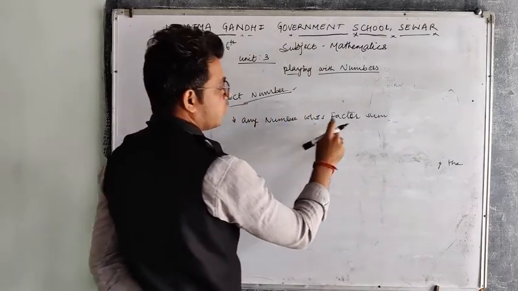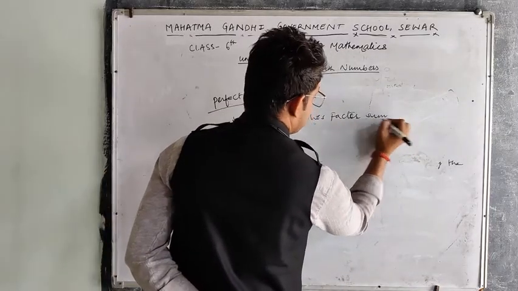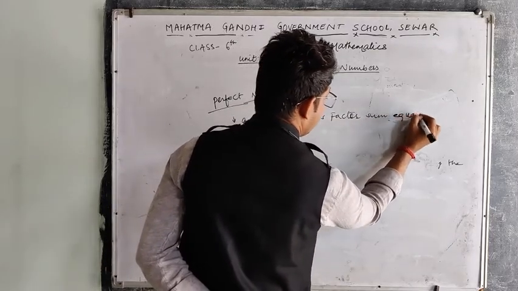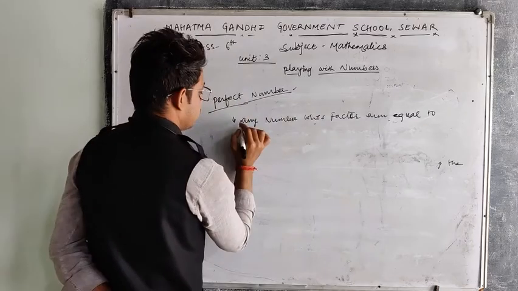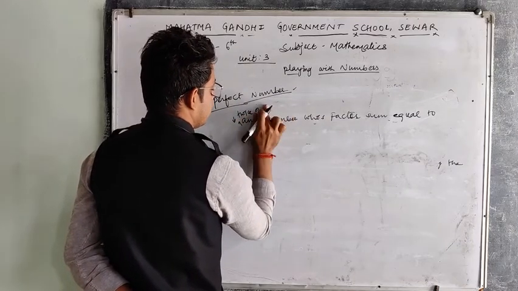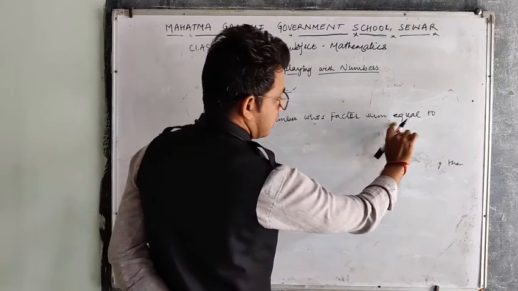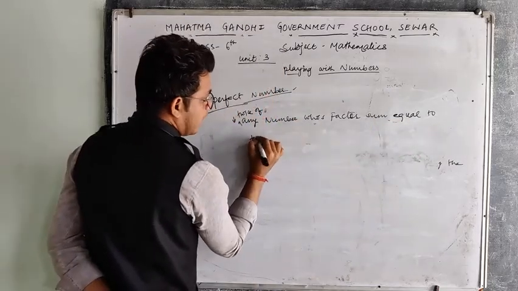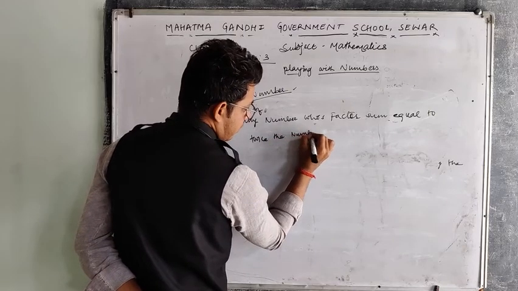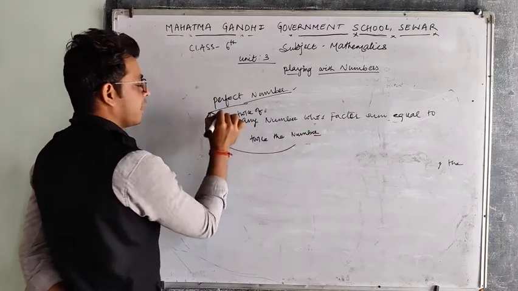Any number whose factors sum equal to twice the number is called a perfect number.